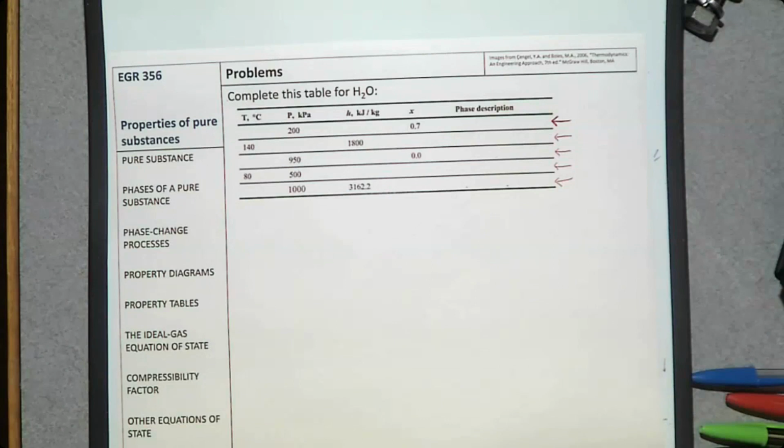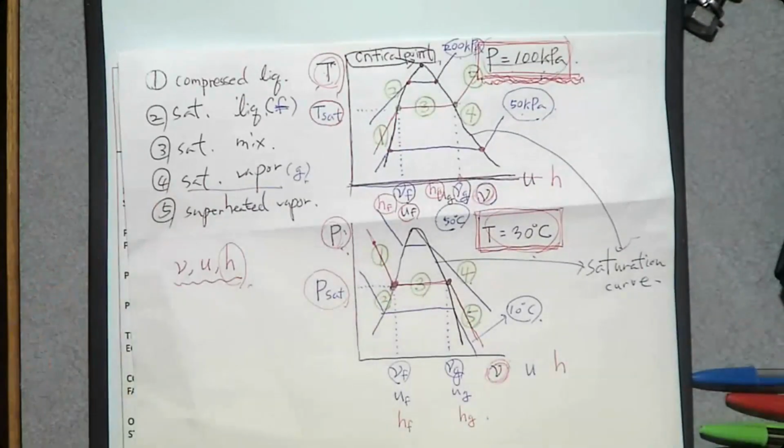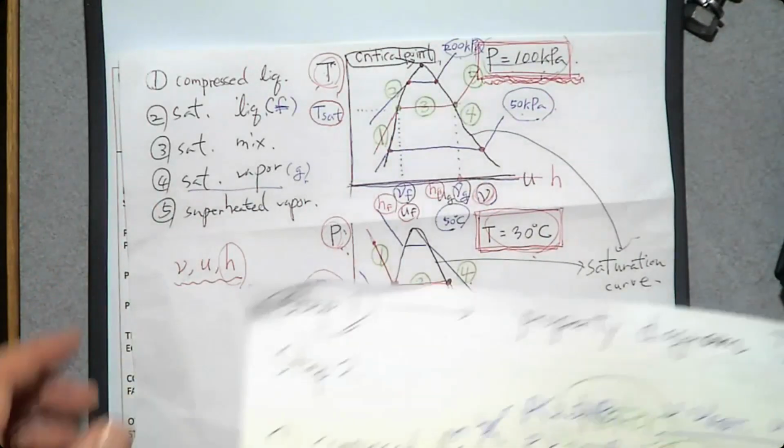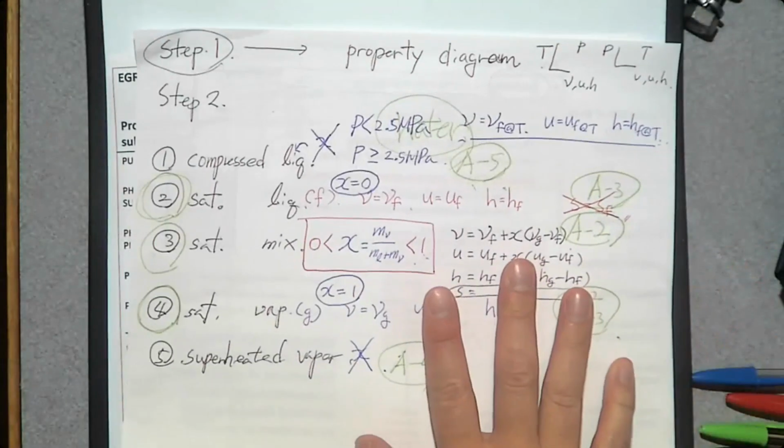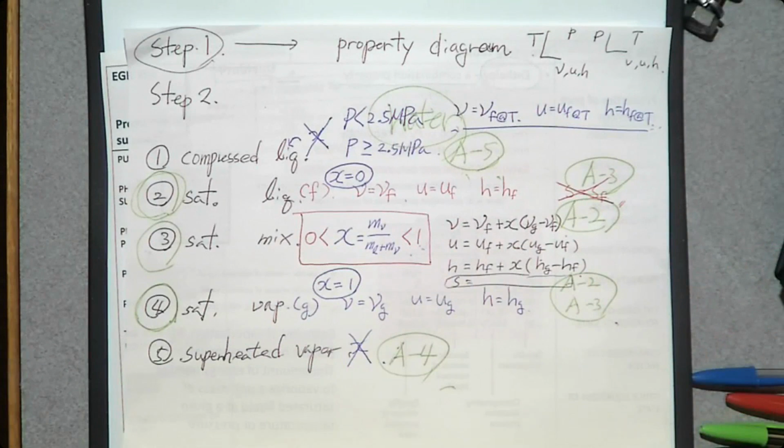But wait, before we make these property diagrams, if you come here to the second page, we learned a new parameter that is quality X. That's a ratio between saturated liquid and saturated vapor. If it is between 0 and 1, you have phase change process number 3, saturated mixture.